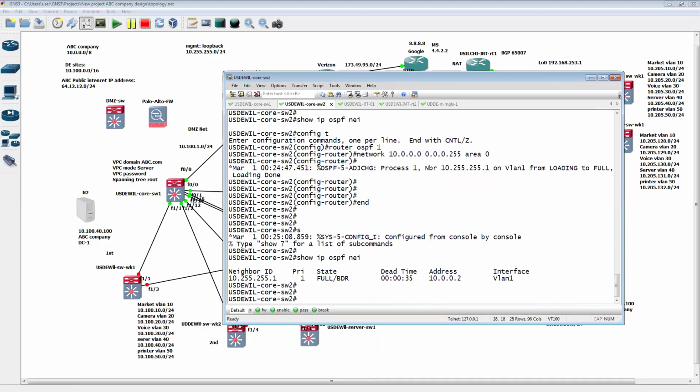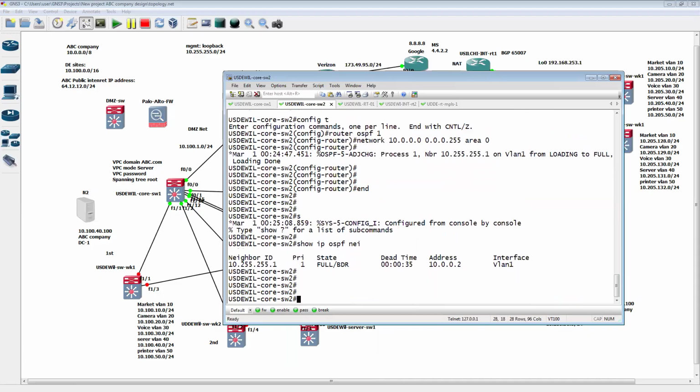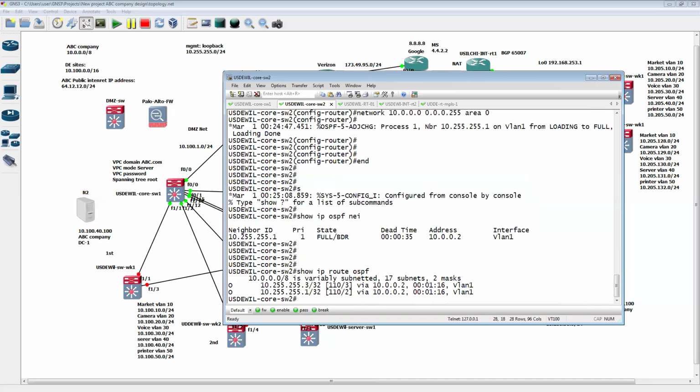Okay, but let's just say we want to make sure we can ping the loopback interface, right? So, show IP route OSPF. Oh yep, look at that.